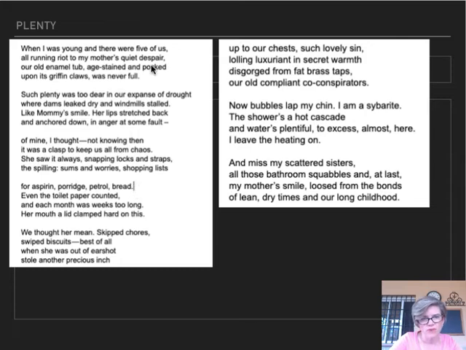So this poem is about a mother and her children, five of them. There's lots of kids. And they lived in sort of lean financial times, let's say. And because the mom had to be so strict about their resources, the children, and especially the poet, see her as mean and stingy.